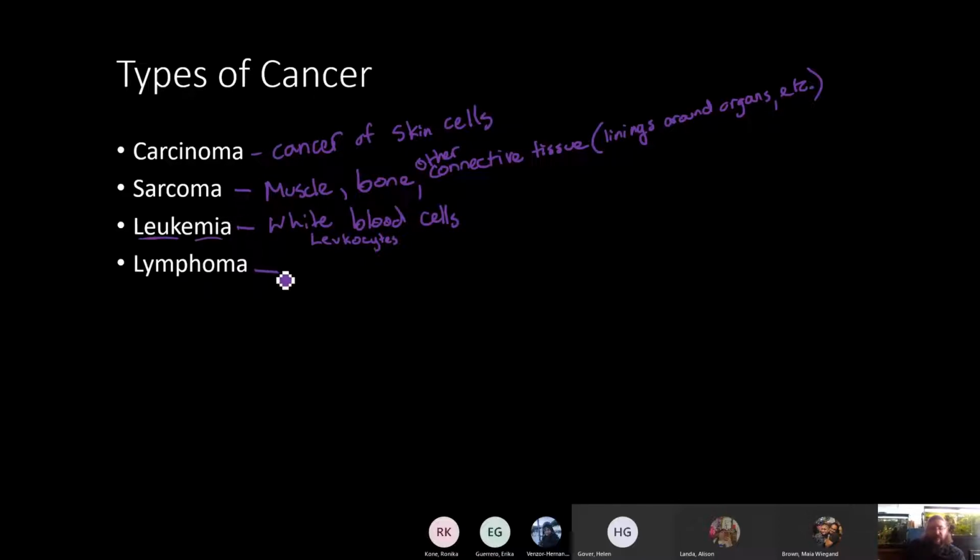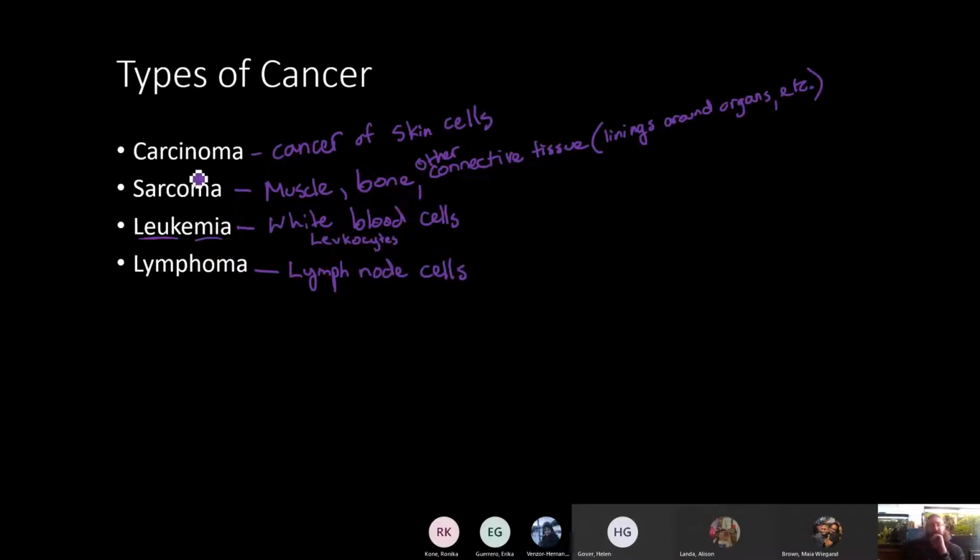Then we have lymphoma, which is cancer of the lymph nodes. Which is my bad because I earlier said white blood cells cancer is lymphoma. So that's on me. So lymphoma is cancer of the lymph node cells.